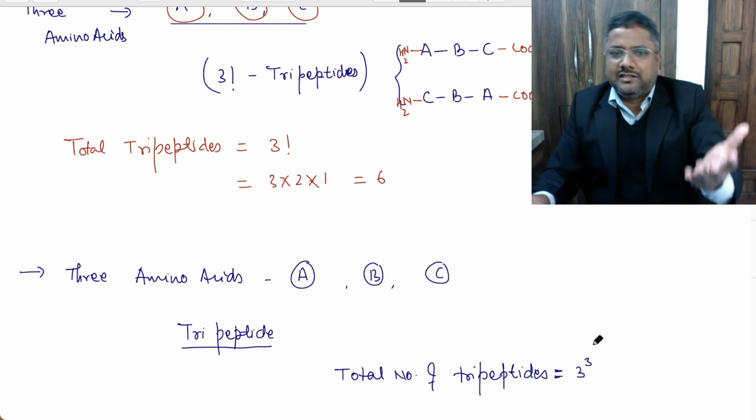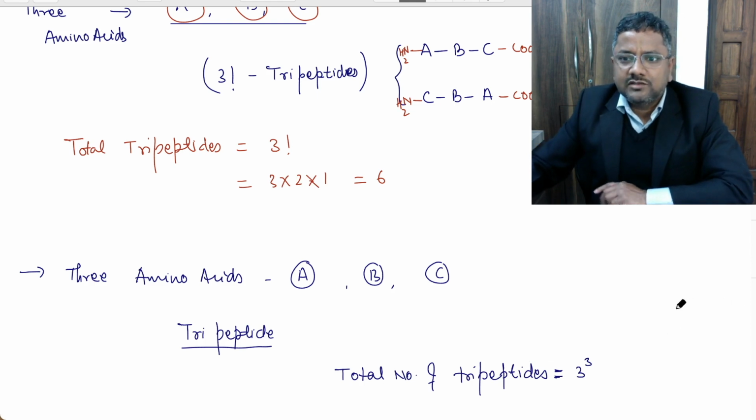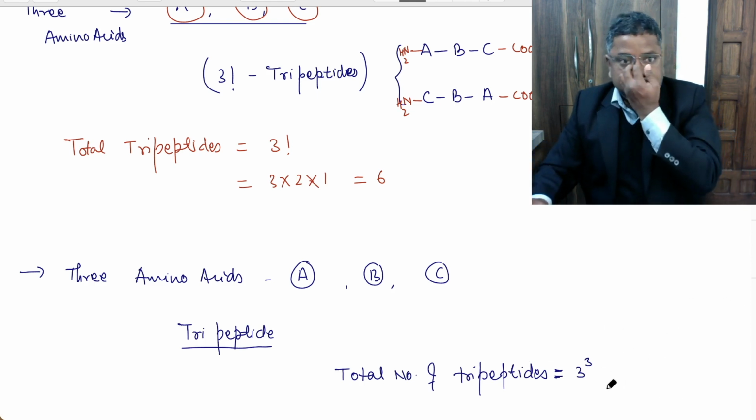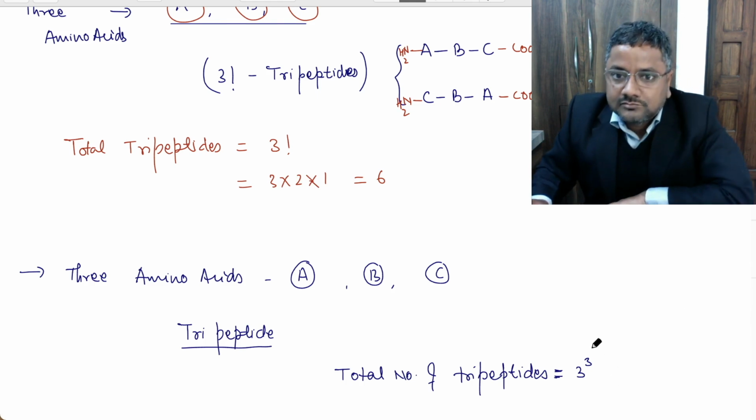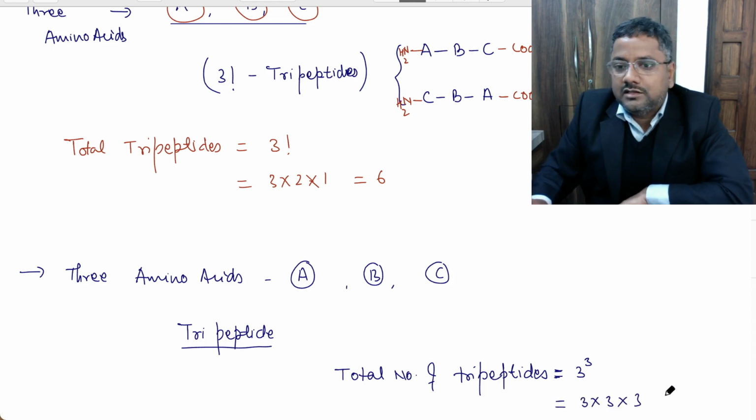So you can make the formula now. All of you know this, permutation combination. So in total, you may have 3 to the power 3 possibilities. So 3 into 3 into 3, so 27.